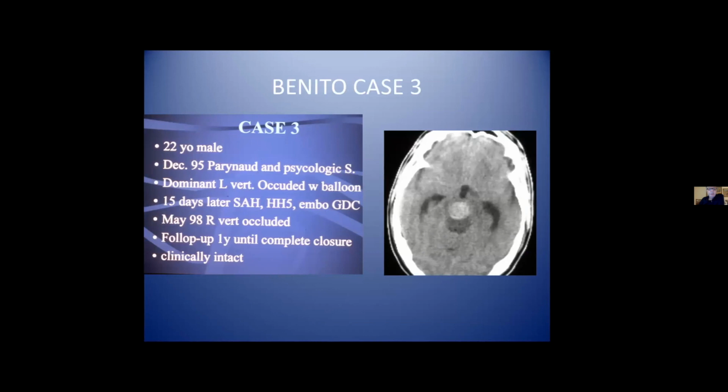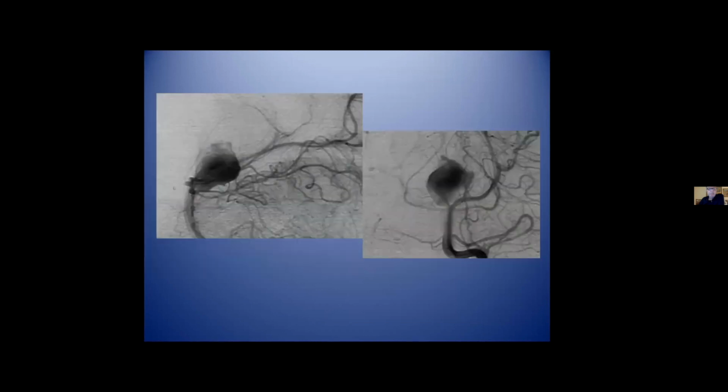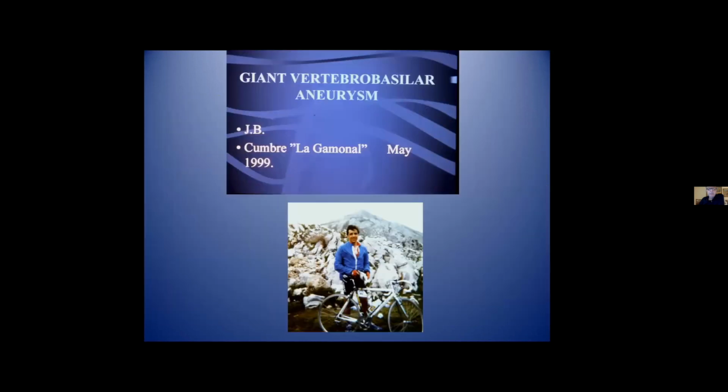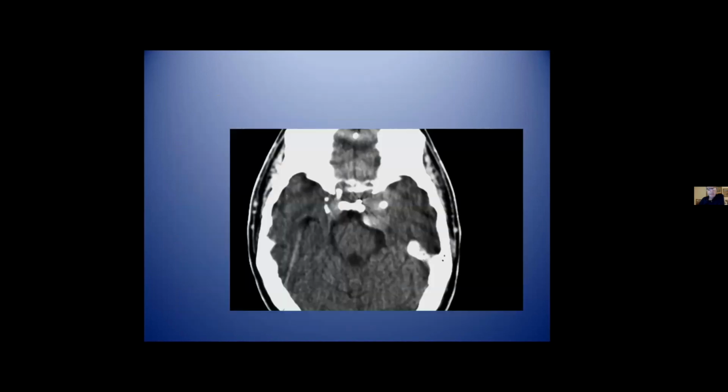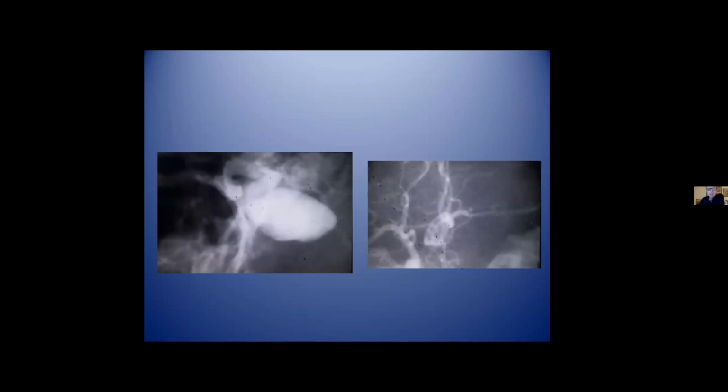This is another patient, but this is in distal part. I don't present it. And finally, this another patient is treated 40 years before with a neurosurgeon in Sevilla, Spain, a giant cavernous aneurysm by clip and ligature, surgical ligature of the carotid.